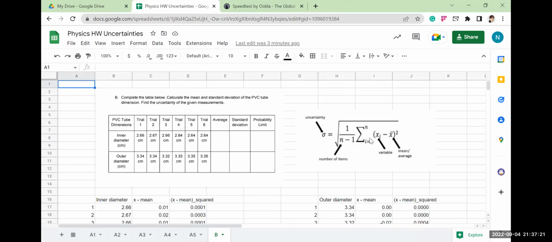Hanapin mo muna yung variable minus mean. Sabi ko, first column, the variable. Second column, variable minus mean. So I want you to find the variable minus mean first. Okay, do it on your paper. Tell me when you're done.